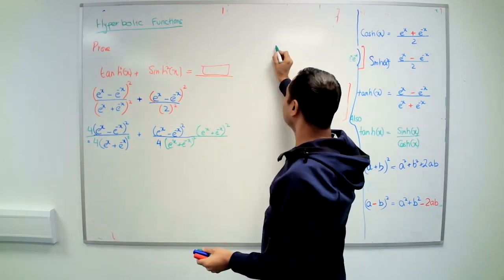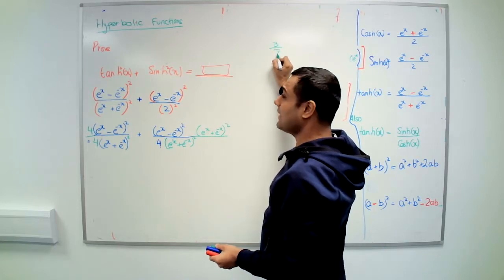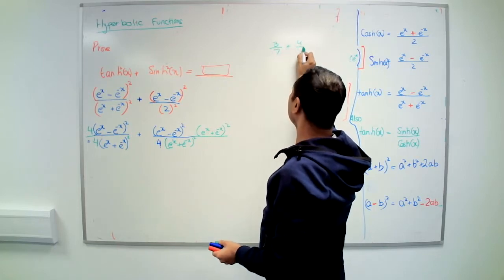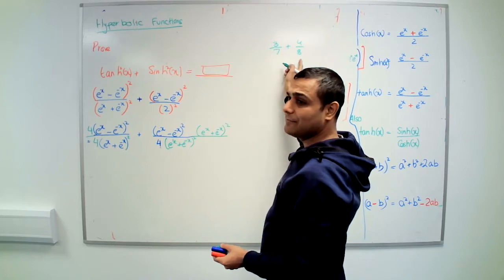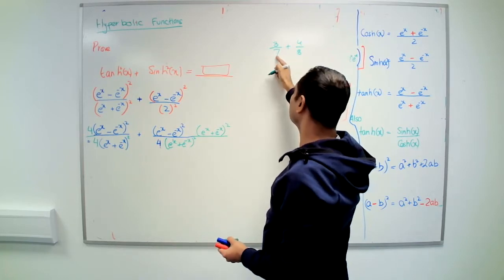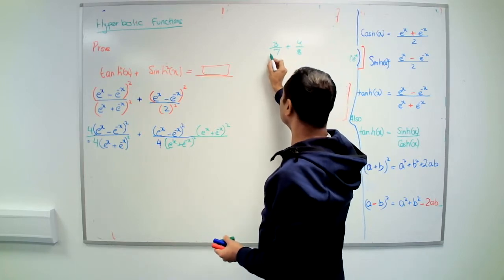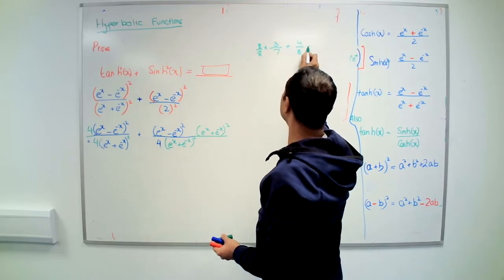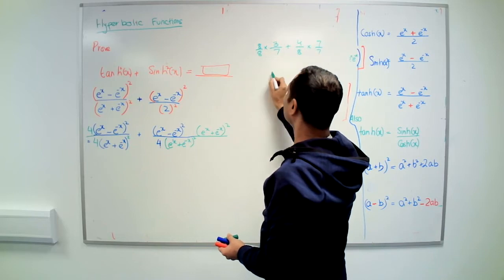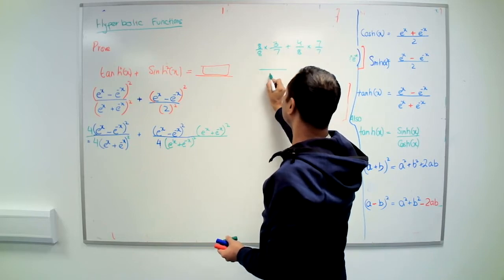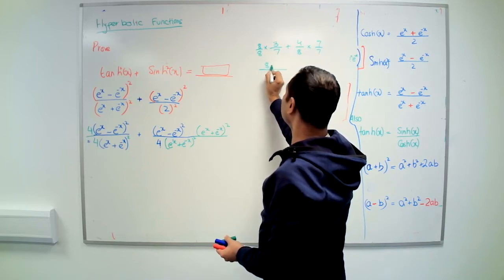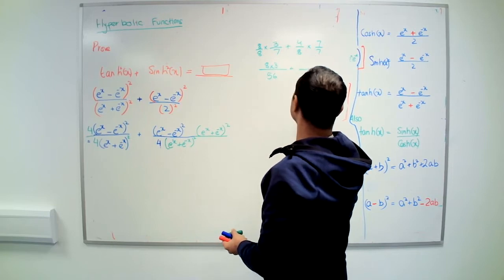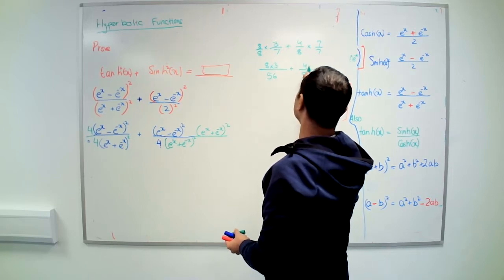Because if I had 3 over 7 plus 4 over 8 and wanted to add them, I cannot, because this is 7 and this is 8. So I multiply this side by 8 over 8 and that side by 7 over 7. I get 56 as the denominator, and 8 times 3 plus 7 times 4 on top.